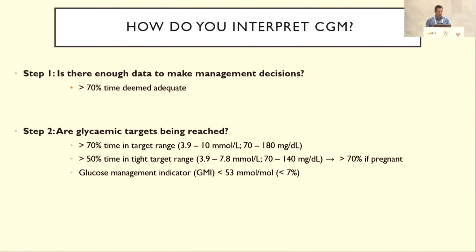Now, one thing our colleagues and our families are very used to is the glucose management indicator. So that's a calculated HbA1c off the CGM. And so for most, that may be less than 53 or 48 millimole per mole, or less than 6.5 to 7%.